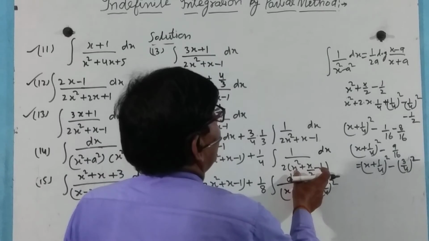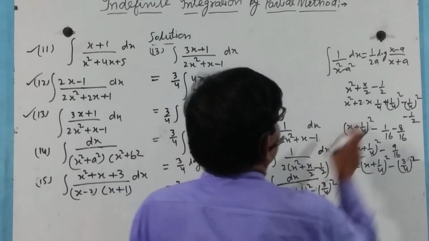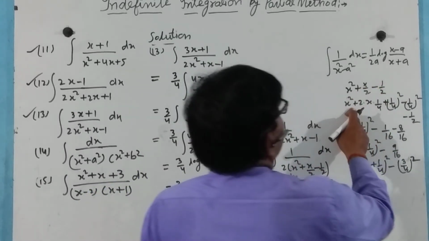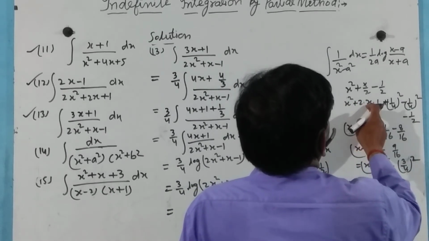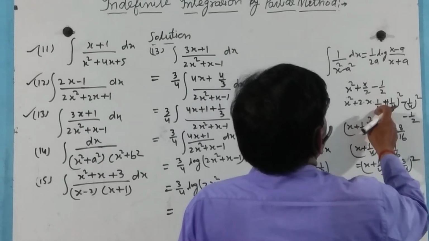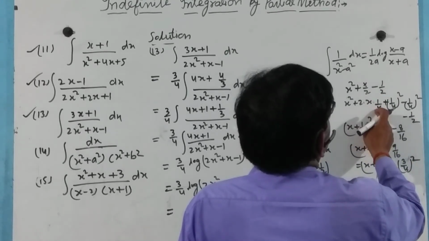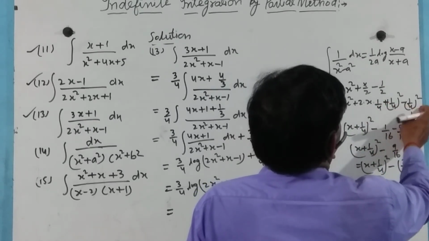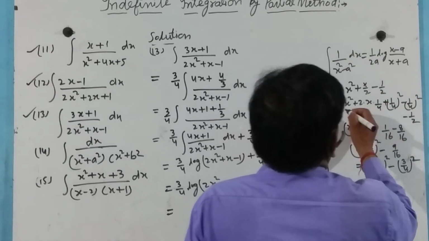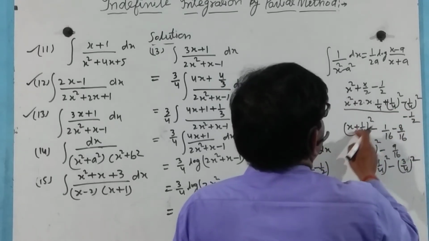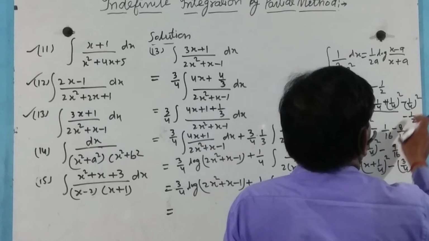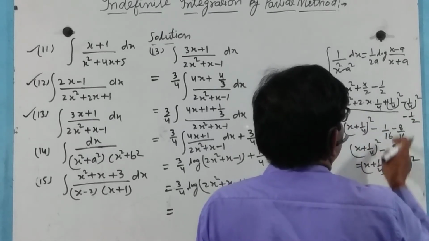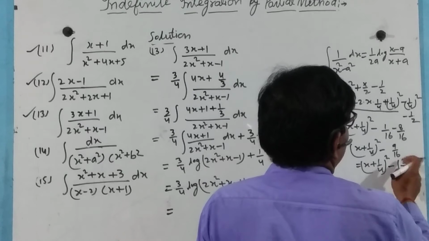This can be arranged as x square plus x by 2 minus half, which can be written in square form: a square plus 2 into x into 1 by 4, x by 2 no difference, writing and subtracting 1 by 4 squared. These terms will be equal to (x plus 1 by 4) square minus 1 by 16, and this can be written as 8 by 16 minus 9 by 16, that is minus (3 by 4) square.